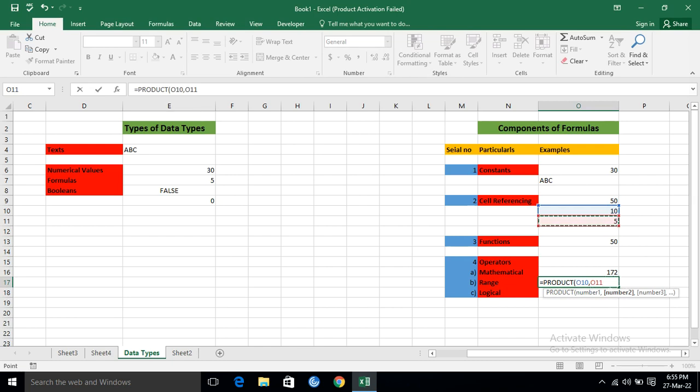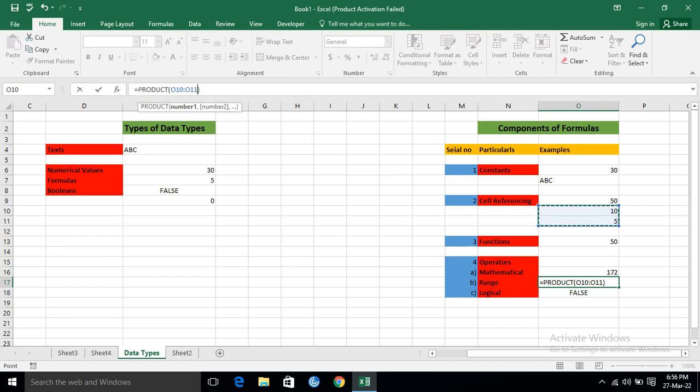As you can see, this comma part is a range operator. Then if I close the bracket, the answer is coming to 50, because we have done 10 into 5. We can also do it in a continuous format. Suppose if I select both these cells, as you can see, this semicolon is a range operator.